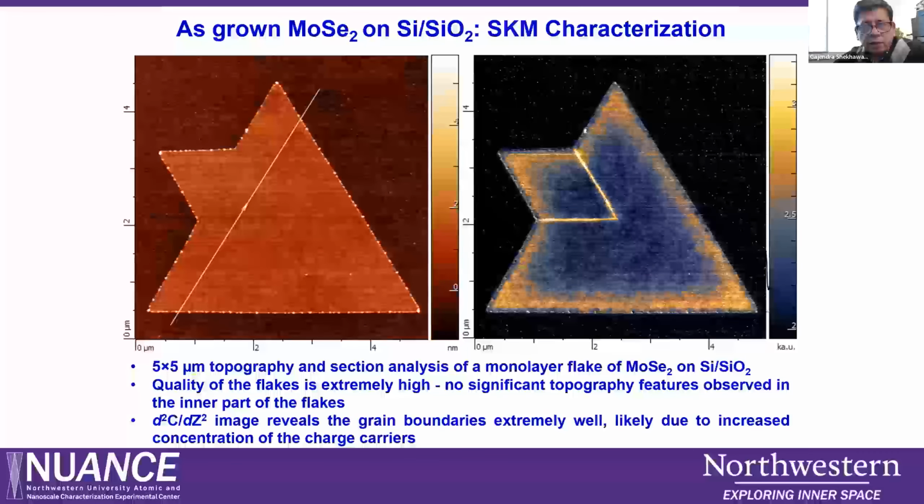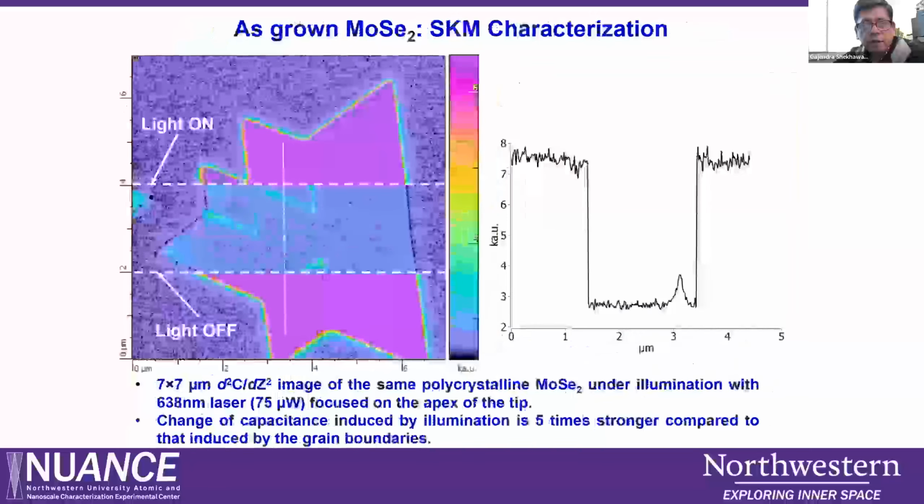Those are basically the hub for more charge carriers, so the carrier density is pretty high. You can see those grain boundaries are nicely lit up, which is not seen in the topography. As I said, this is a very powerful technique, it's pretty easy to use, and you can get a lot of the information that you need.